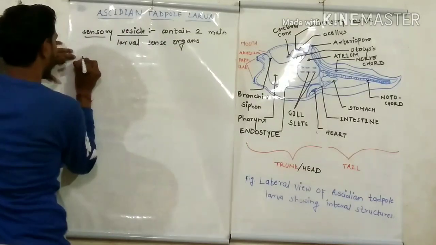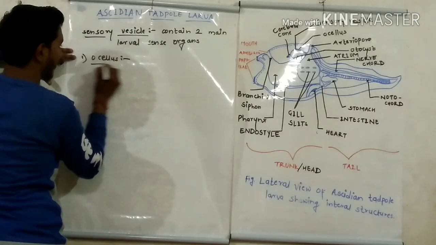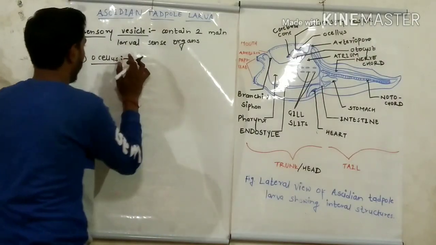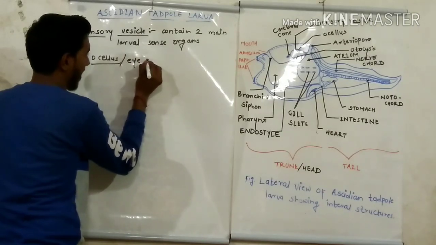First is ocellus. This ocellus is also known as the eye or eye spot.